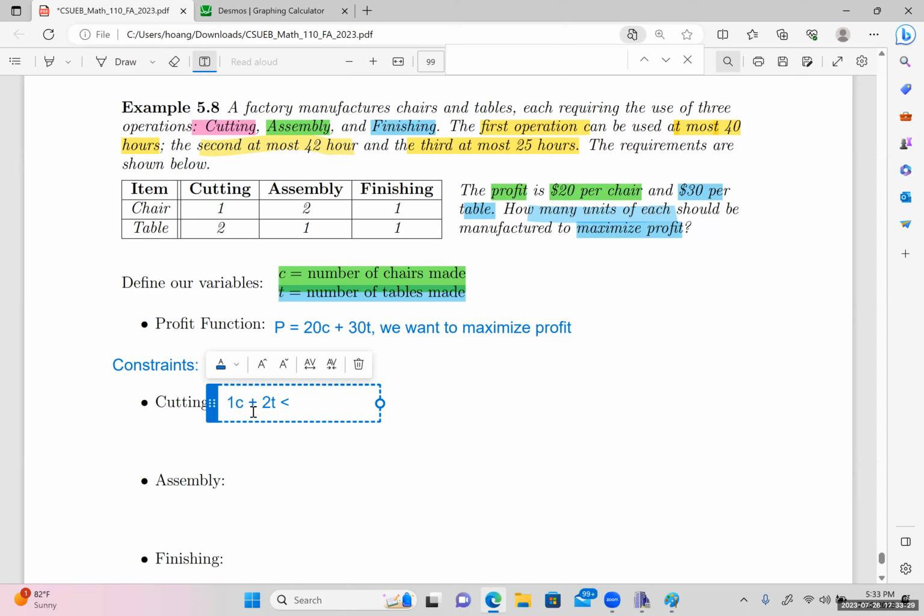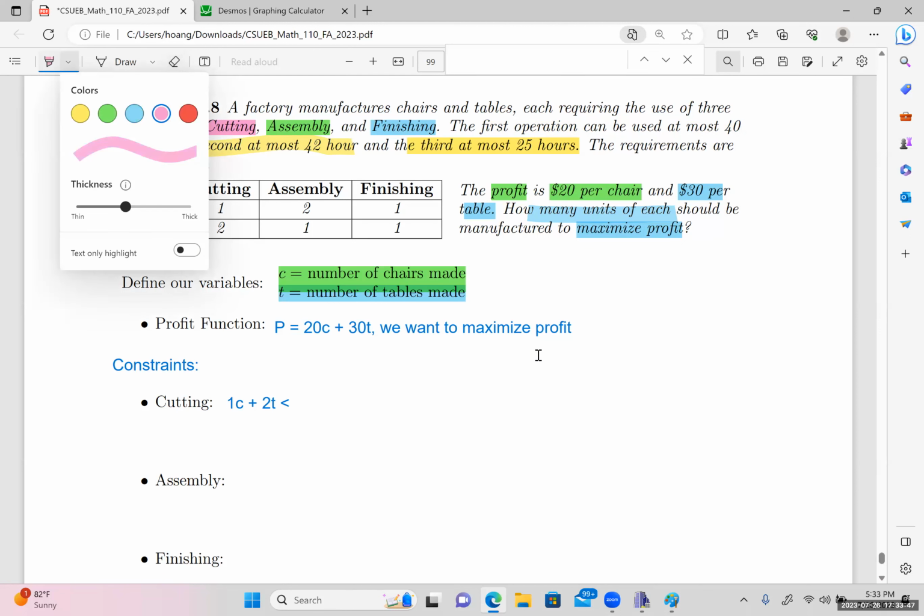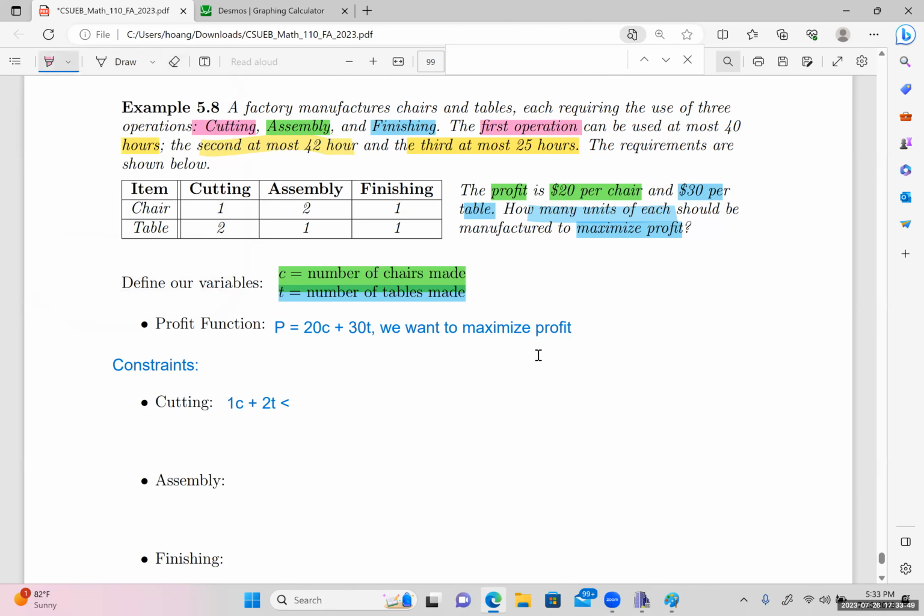Let me see. At most 40 hours. Oh yeah, that's correct. Okay, so maybe I'm gonna use another color in here. Say cutting was using the pink one.